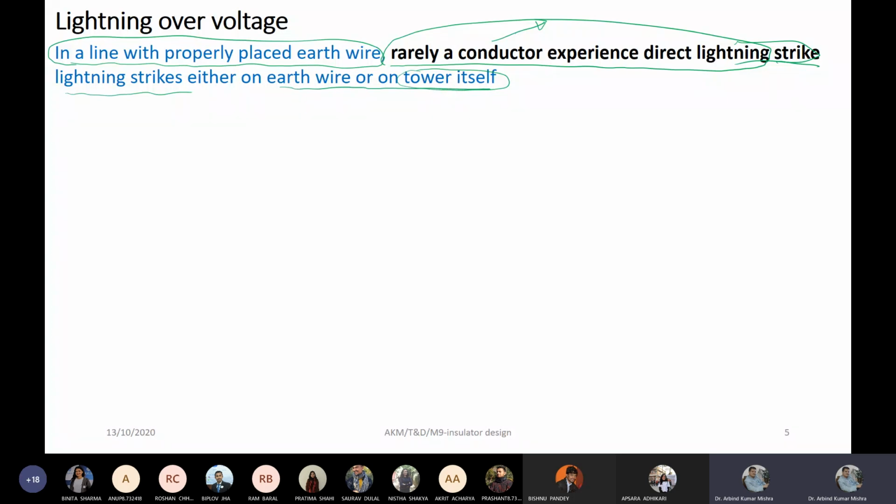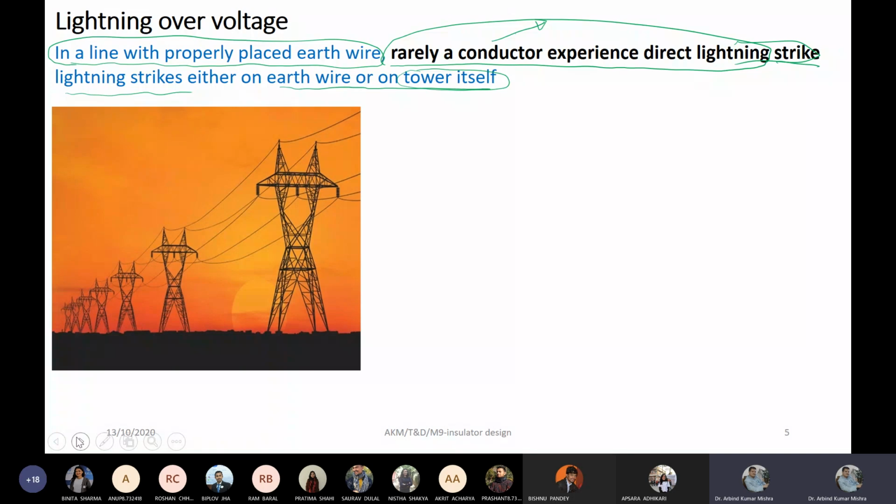So if you have a line, and the lightning strikes at this point, we are saying it is on the earth wire. What about if the lightning strikes at this point? It is in fact on the earth wire as well as the tower itself. But again, the probability will be smaller because this is a very small span relative to the long span. So if the lightning strikes here, what is happening?